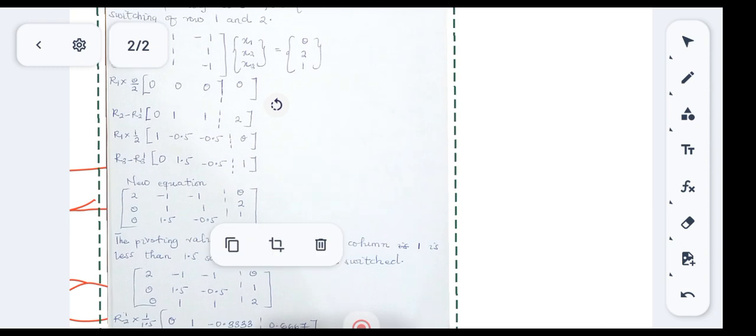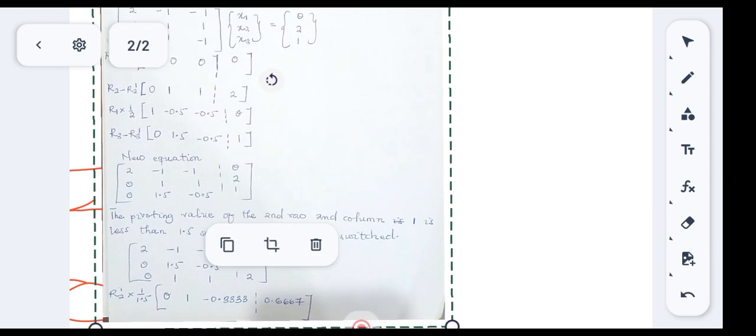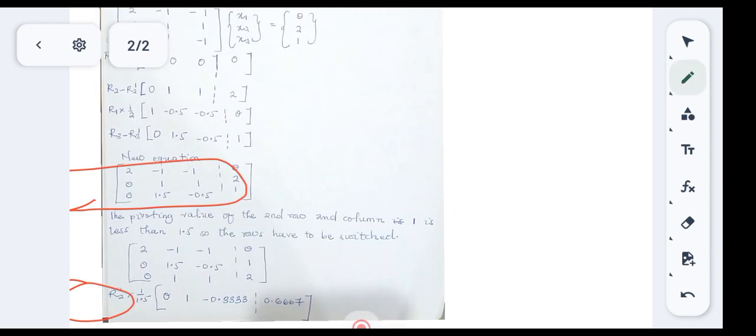Okay, so you then compare the pivoting value. This is the pivoting value I'm talking about. You compare it, so you do the same thing as we did. You compare the pivoting value with the one below.